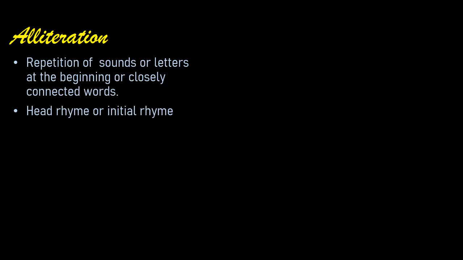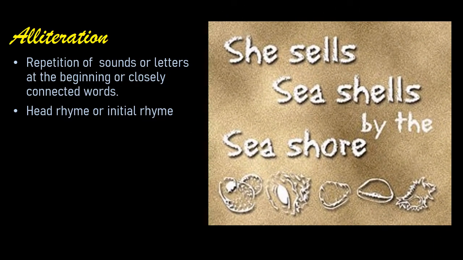Now let us see an example. She sells seashells by the seashore. Here, she, shells and shore, the S-H sound is repeated, and even sells, with C, the S sound is repeated. So the figure of speech here is alliteration.